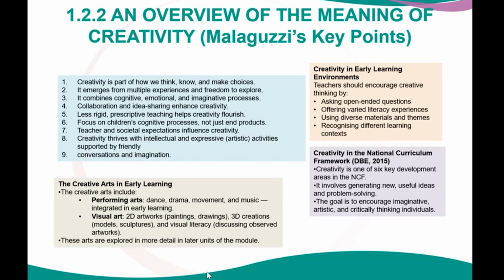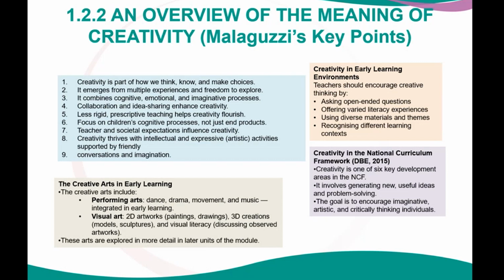Okay, so let's look at an overview of the meaning of creativity by looking at Loris Malaguzzi, the founder of the influential early childhood Reggio Emilia program. This basically captures the meaning of creativity in 8 carefully worded points. Remember, I'm just shortening it here, but creativity is part of how we think, know, and make choices.